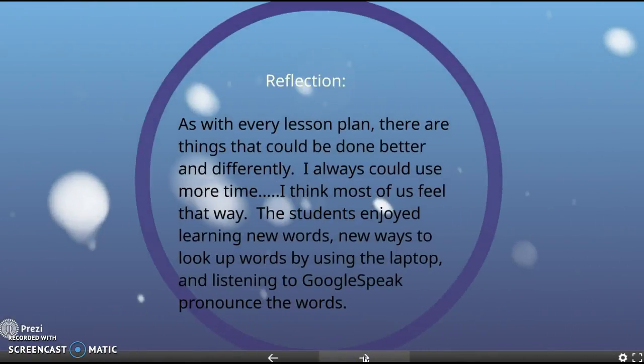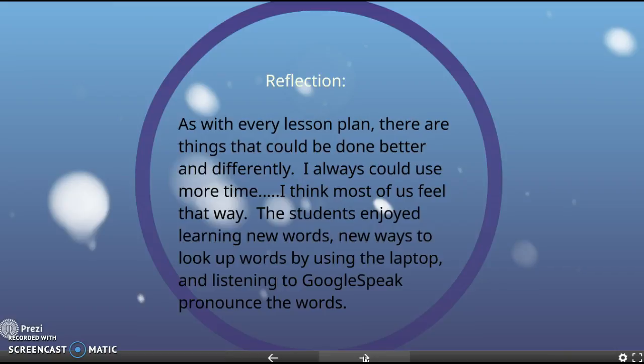So when looking back over my lesson, as with every lesson plan, there are things that could be done better and differently. I could always use more time. I think most of us feel that way. The students enjoyed learning the new words, new ways to look up words by using the laptop, and listening to Google Speak pronounce the words.